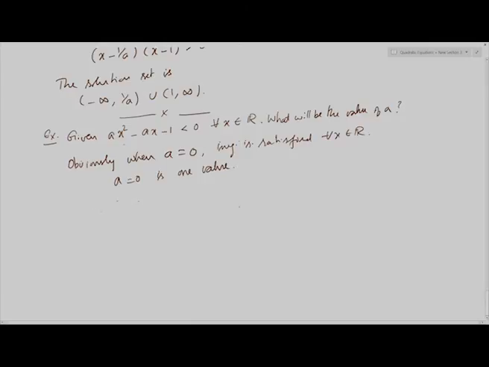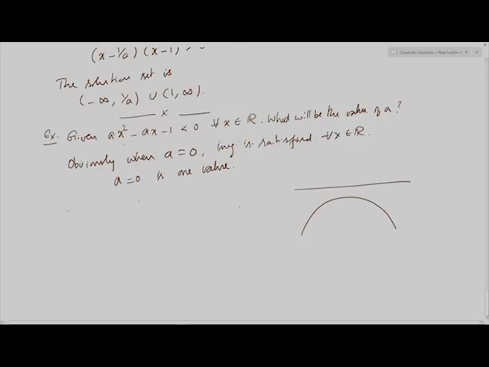Now, take the case A not equal to 0. Since this inequality is satisfied for all x belonging to R, the graph of the quadratic expression y equal to a x square minus a x minus 1 has to be negative everywhere.